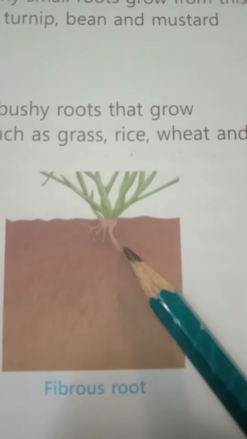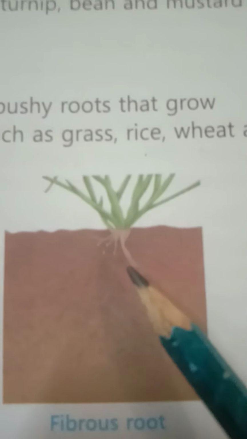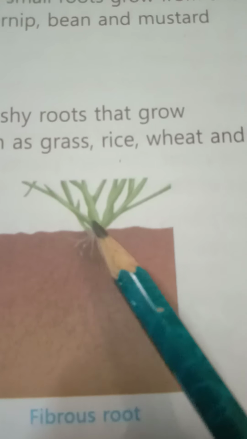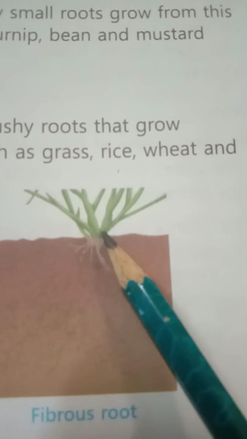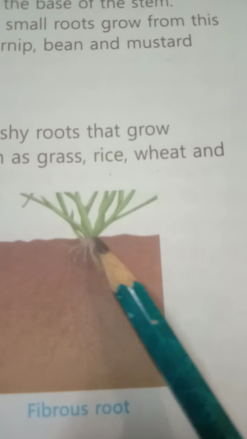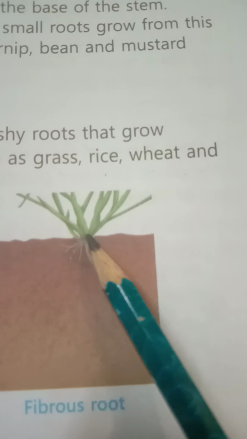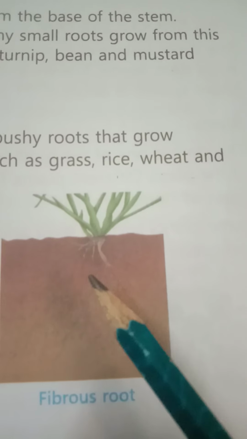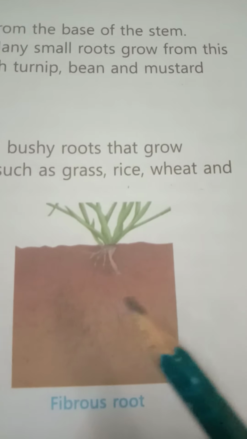This is the diagram of fibrous root. In fibrous root, many roots develop from the end of the stem. Examples of fibrous roots are grass, wheat, onion and sugarcane.